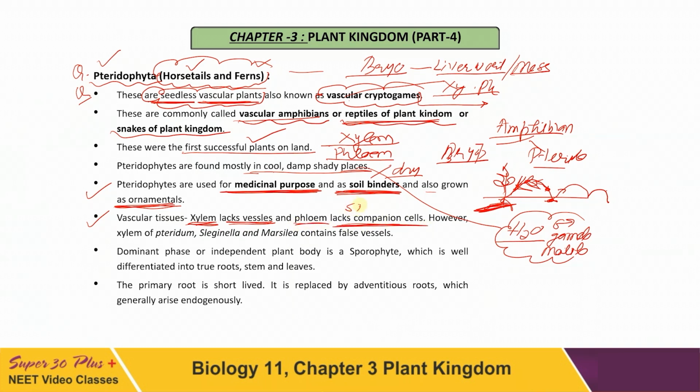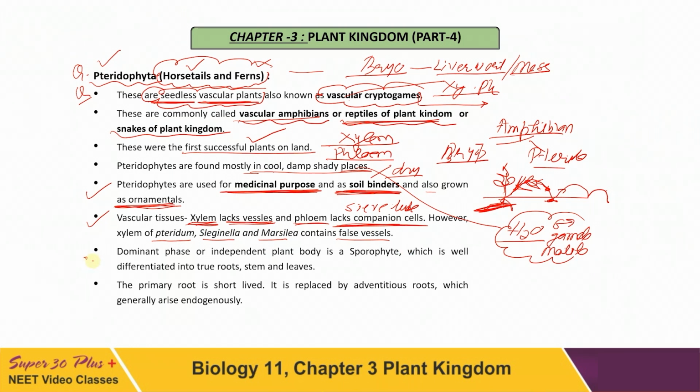Even sieve tubes are lacking in pteridophytes. However, some of the pteridophytes contain false vessels, that is Pteridium, Selaginella and Marsilea, where false vessels are present.